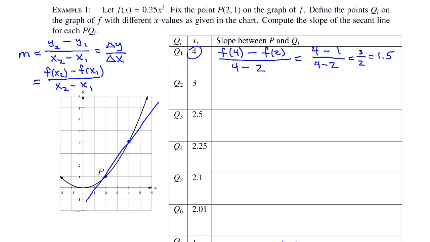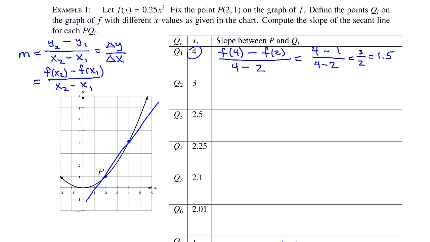If we want the slope, right, the slope is f of x2 minus f of x1. But in this example, x1 is fixed. What is the value of x1? It's 2. So we're just going to put in f of 2.